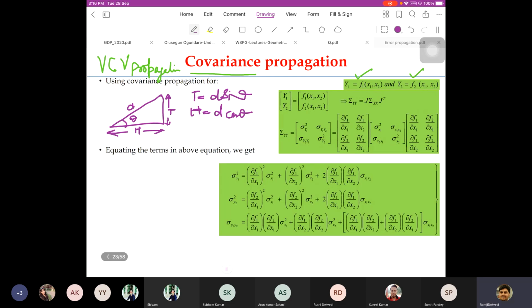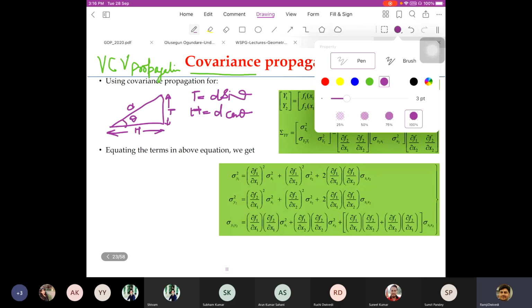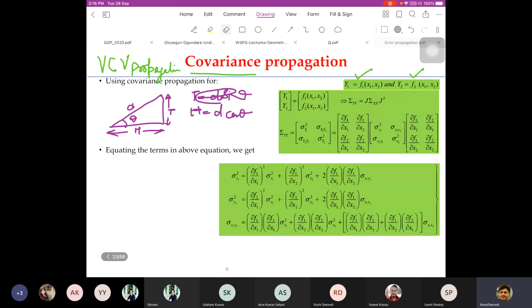Let me rewrite it in case it is visible. Suppose I was interested in finding this height t, I would write d sine theta, and h would be d cos theta. So this is a y1, y2 kind of function, but they are functions of d and theta.